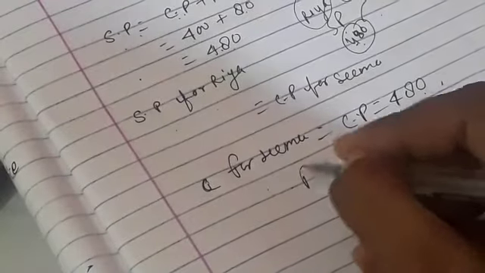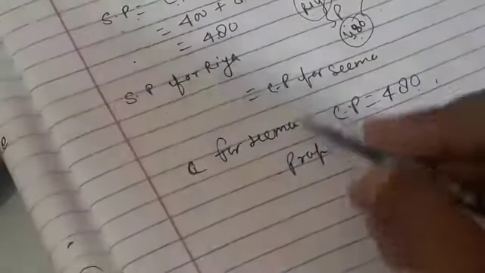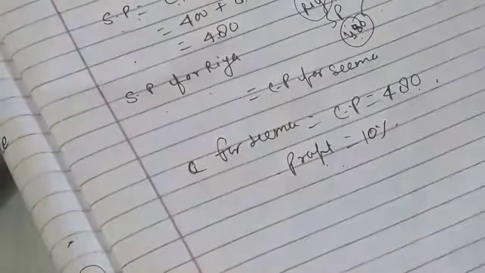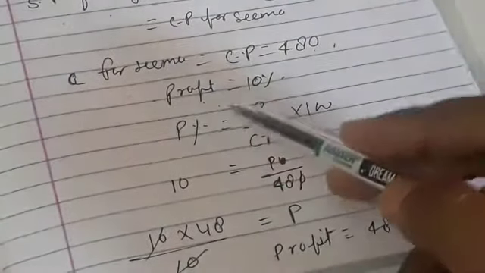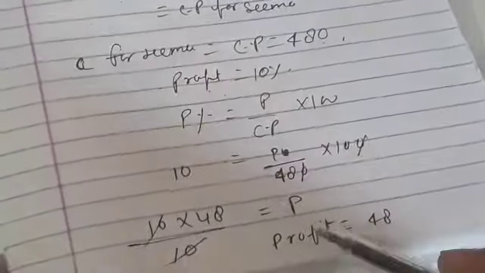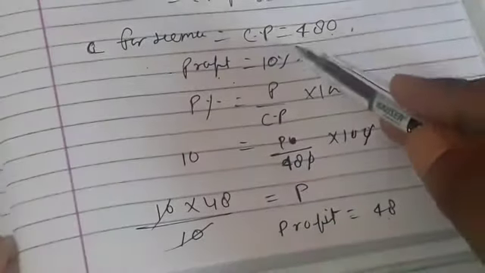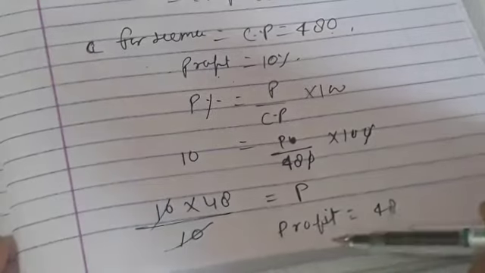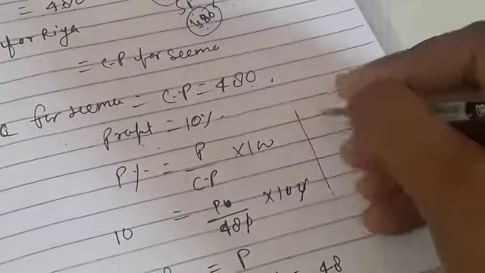Understand class? And she sells that to Neha. So she makes a profit of 10%. So now we can calculate the SP. For Seema we can calculate the profit, that is equal to 48 rupees. So on CP 480, the profit she gains is 48 rupees. So what is the SP?